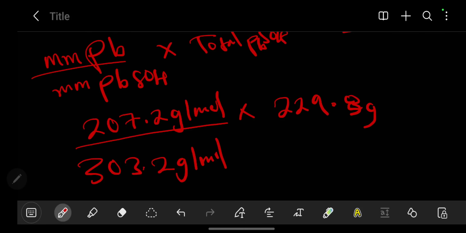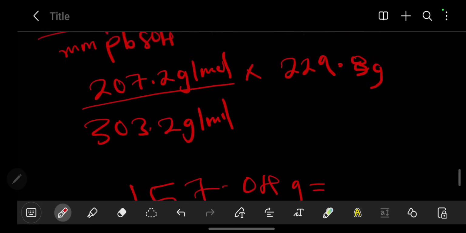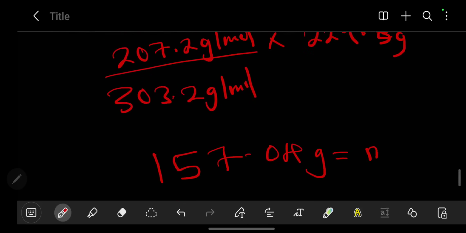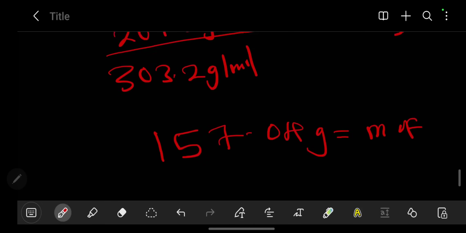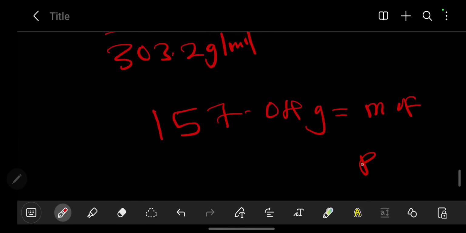Then we multiply this by 229.8. 157.04 grams should be equal to the mass of our lead present, because it's a percentage.